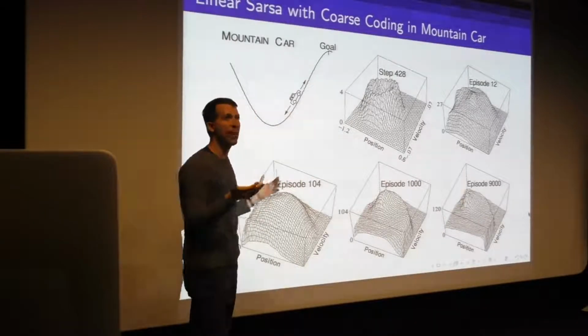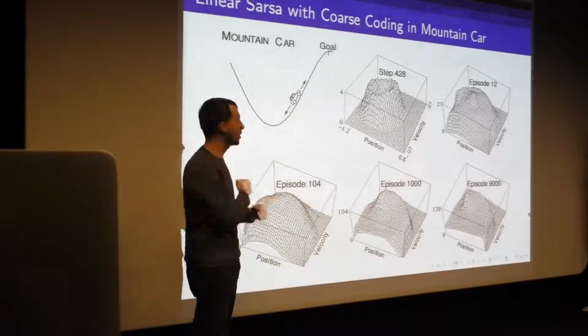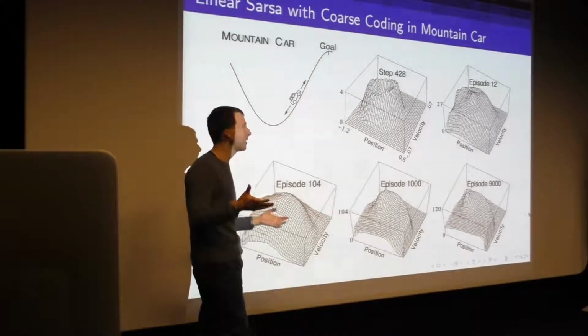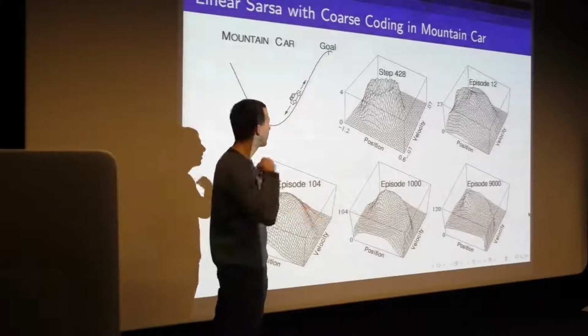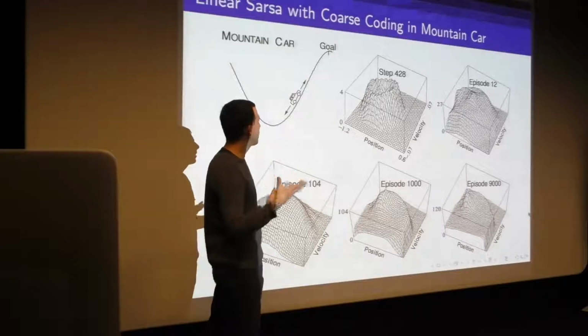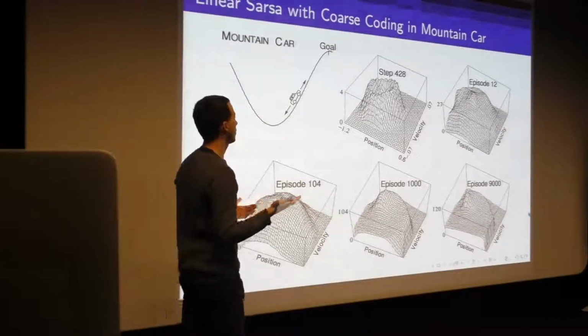And then the question is, how do you figure out that control strategy? How do you do this without saying anything about the MDP, about the dynamics? We want to do this all model free, and now we want to do this using function approximation.